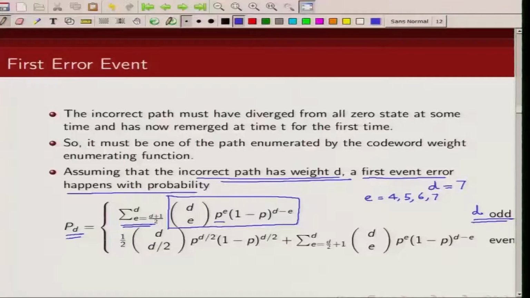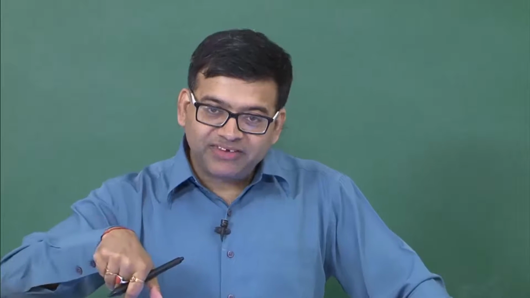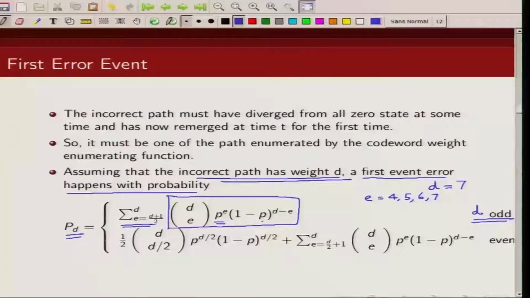Now, if p is the crossover probability of flipping of the bits, then p to the power e will give us the probability that e bits have flipped, and (1 minus p) raised to the power d minus e will tell us the probability that d minus e bits have not flipped.